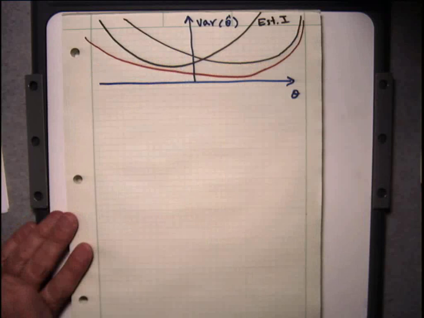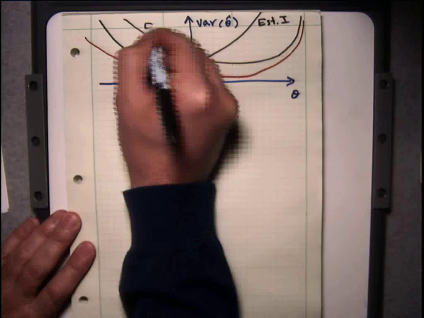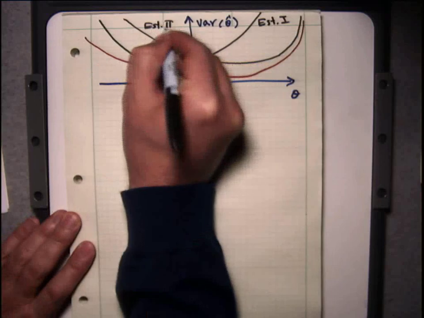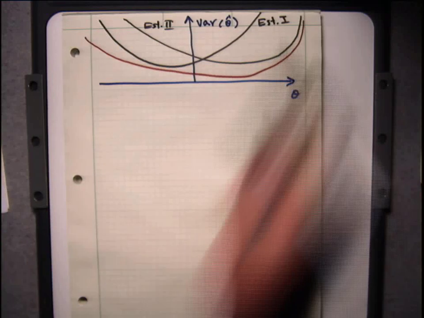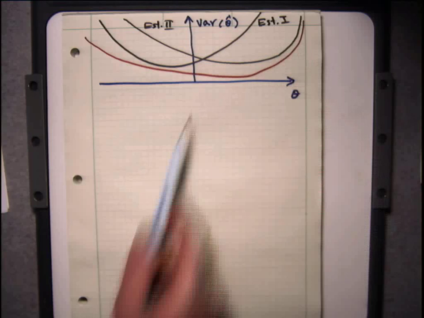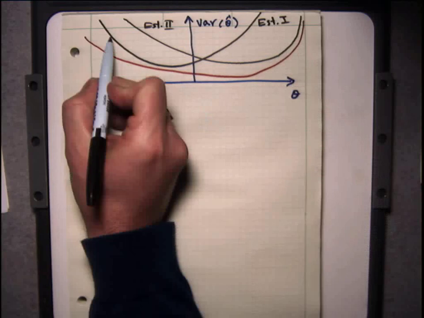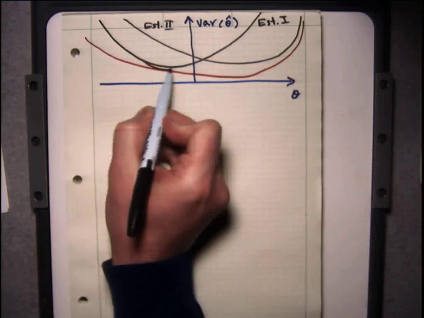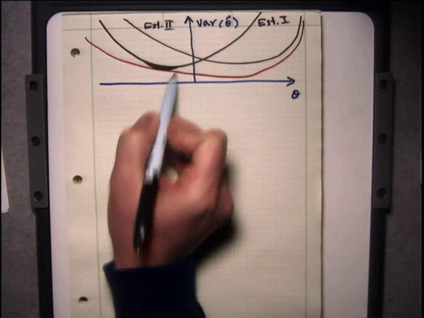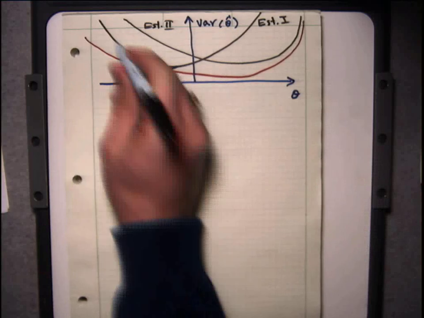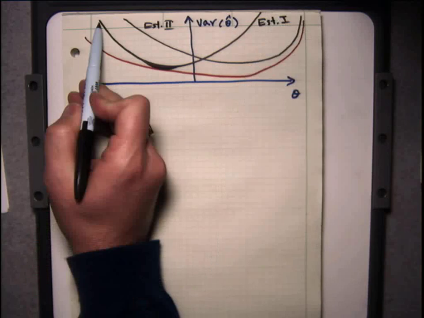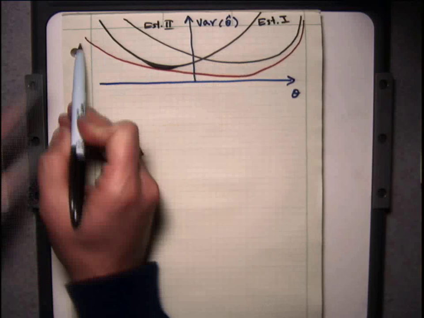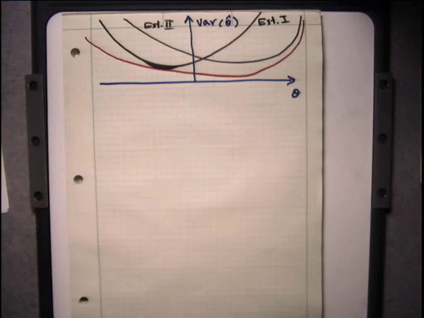That's estimator 2. Any one of us can come up with an estimator, and they might have different properties. In fact, we might be lucky enough that this one might touch here. That does not make this estimator efficient. What makes an estimator efficient is if the black curve was right on top of the red curve. That would be efficiency.